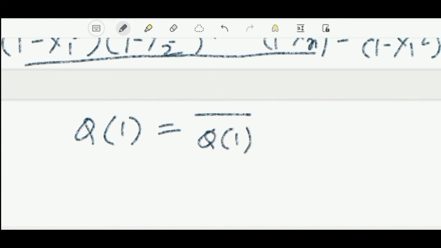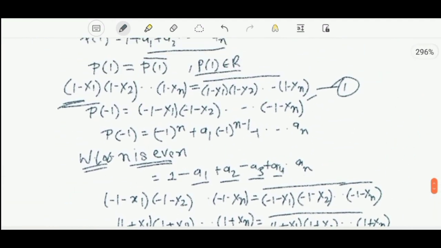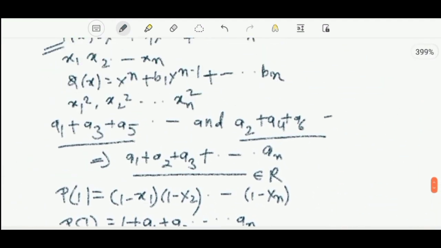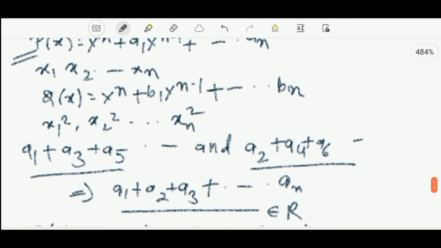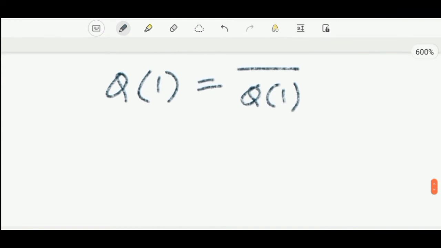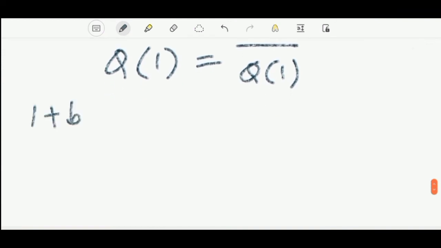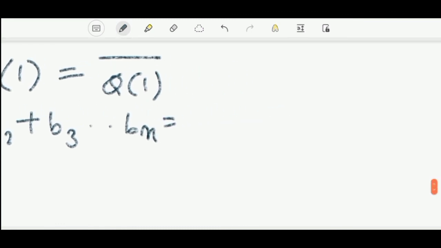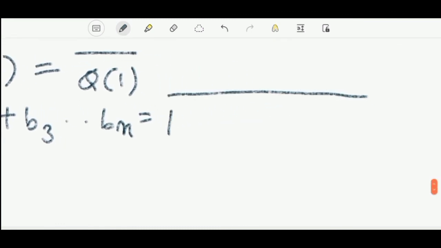And if you look back to your definition of q, we can simply put the value 1 in place of x, so we'll obtain that 1 plus b1 plus b2 plus b3 up to bn is equal to the bar of 1 plus b1 plus b2 up to bn.